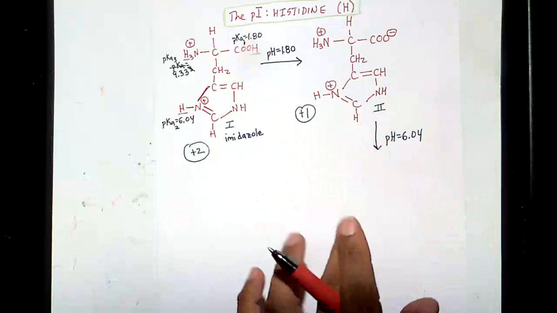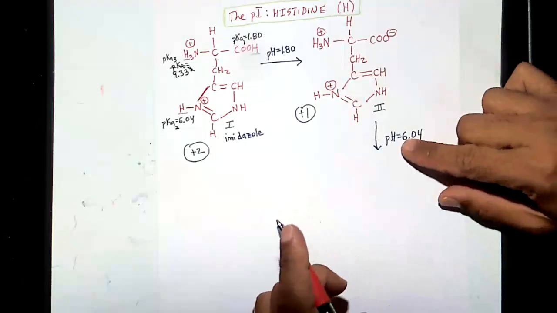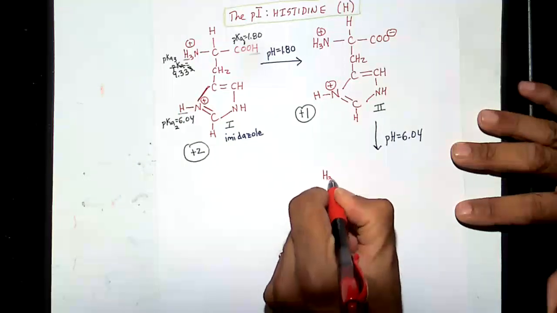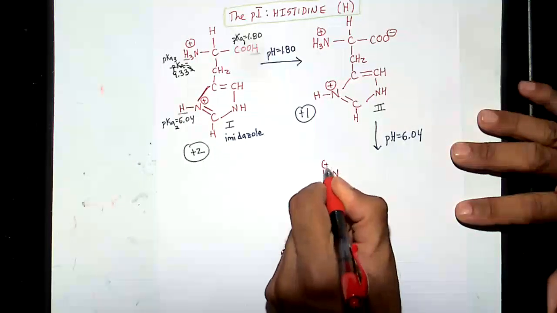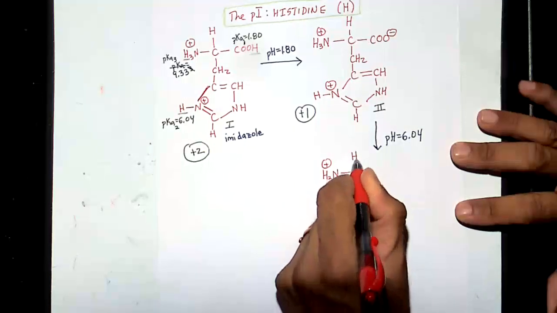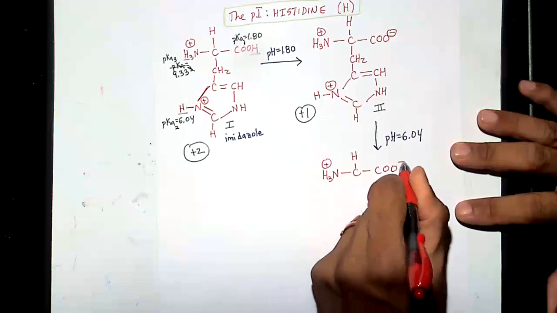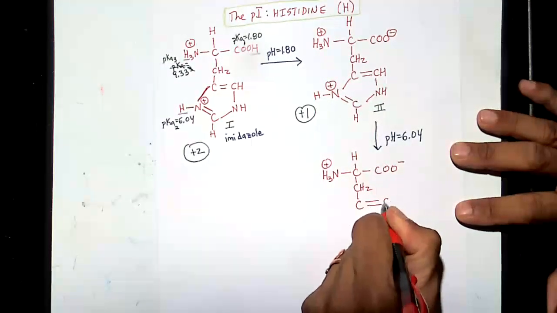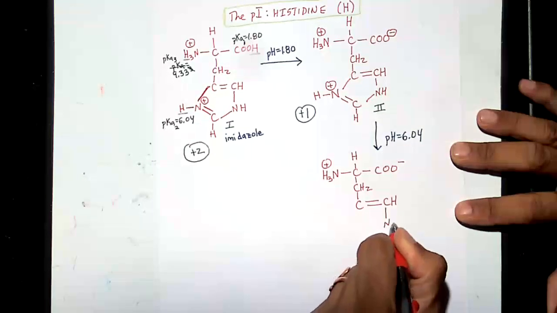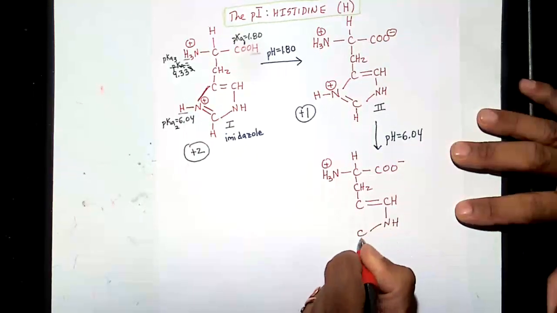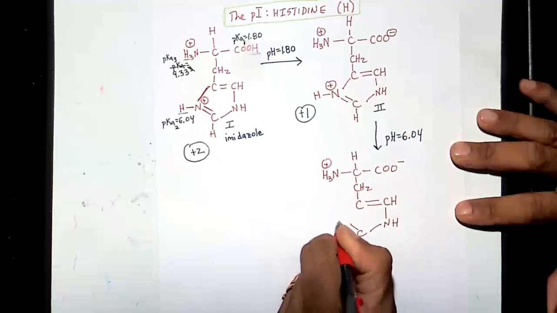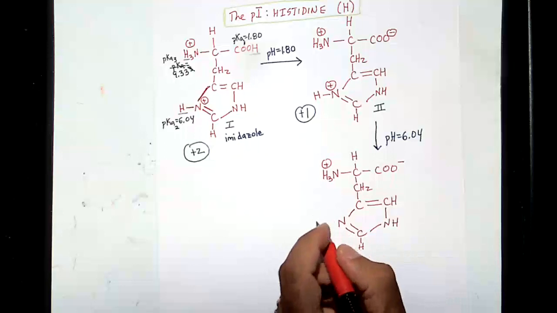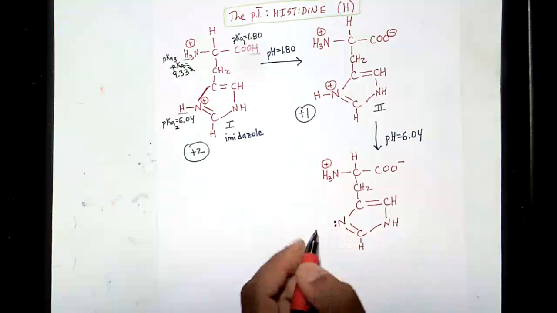All right, so let's focus back here. So at pH 6.04, this comes off. So let's draw the structure. This has come off, and as it comes off, it's going to leave a lone pair.